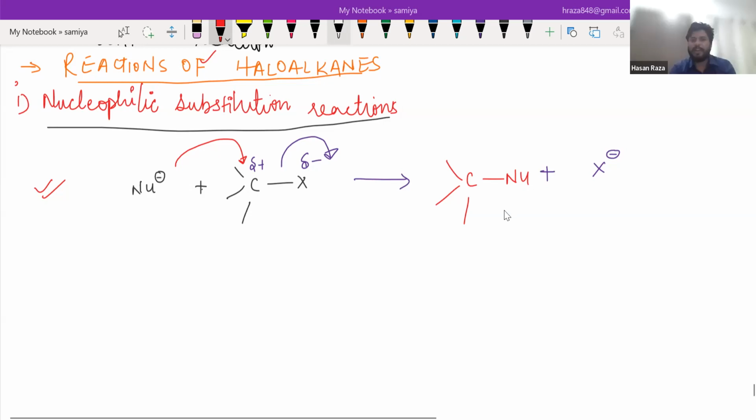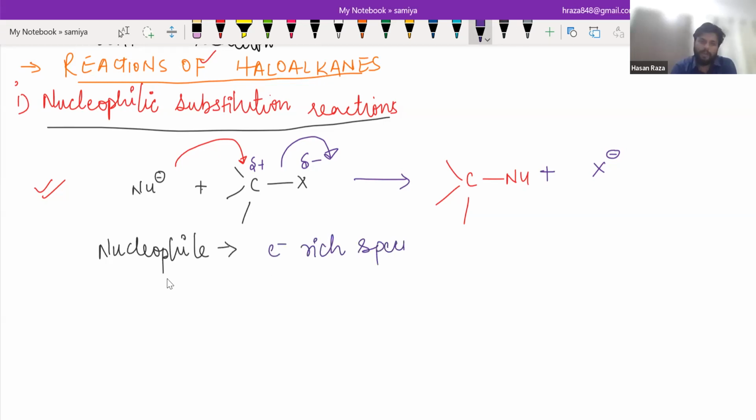Is that clear? Now we are going to talk about the nucleophile. Do you know what a nucleophile is? Basically, a nucleophile is an electron rich species, and we often call it a nucleus lover. In the nucleus there are positive protons and neutrons, so basically it is a positive lover.